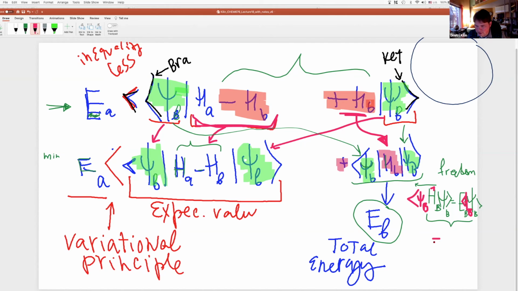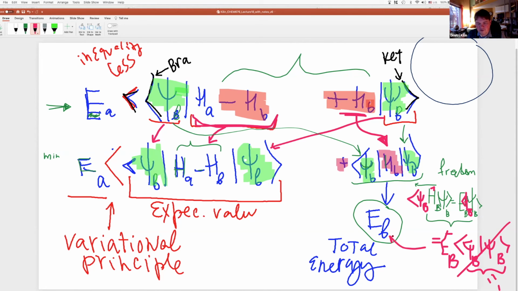I can write it once again, E sub B bra of, sorry for my calligraphy, psi B ket psi B. And by orthogonality relation, this will be equal to 1 and cancel.